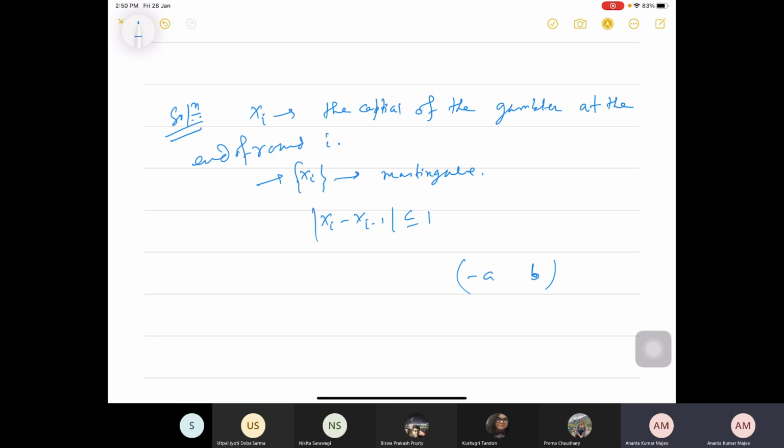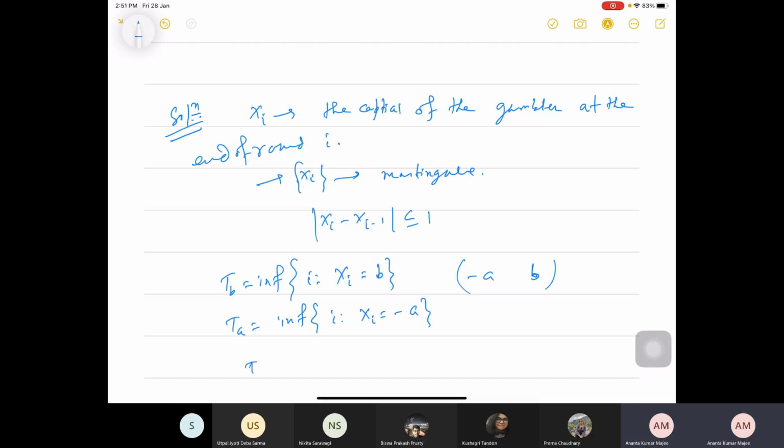So we denote by T_B the infimum of i such that Xi is equal to B, and T_A the infimum of i such that X of i is equal to minus A. Is it not? So these are the boundaries.